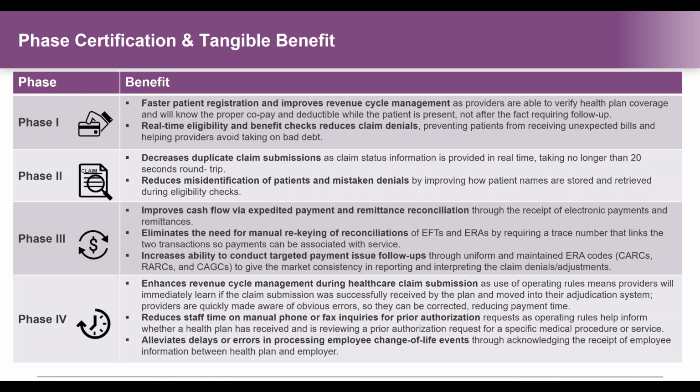Examples of these benefits include improvements in revenue cycle management, such as the ability to quickly check patient eligibility prior to a visit, faster patient registration, and the ability to collect those patient financials at the time of service versus afterwards, which can be harder to manage.